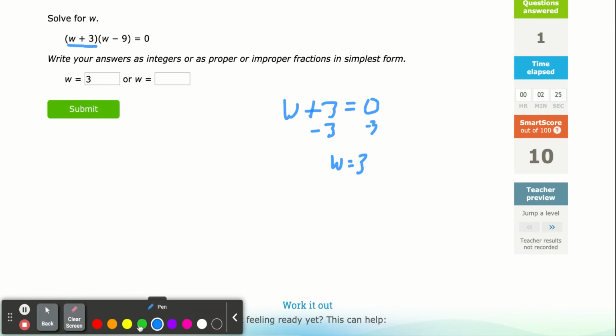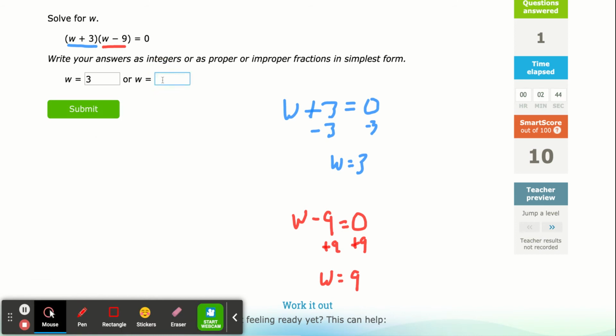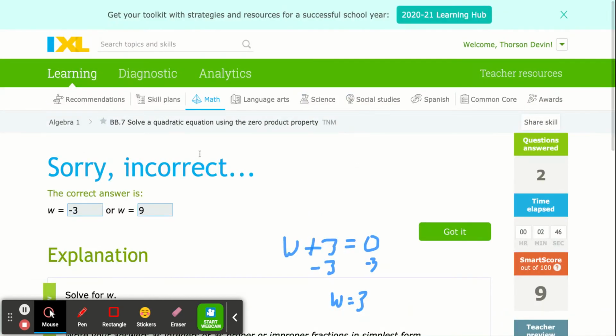Then take the second set of parentheses, set it equal to 0, and solve for w. Add 9 to both sides, and we get w is 9. That's your second solution. Just like that.